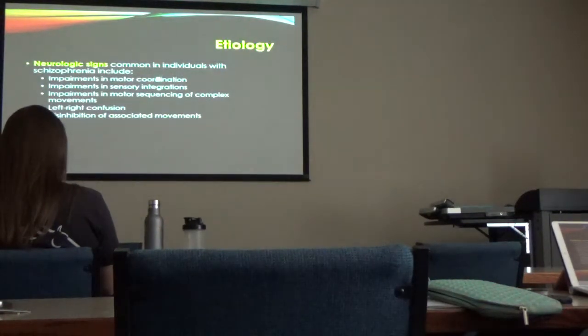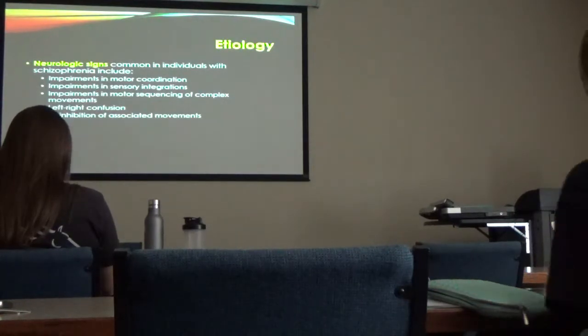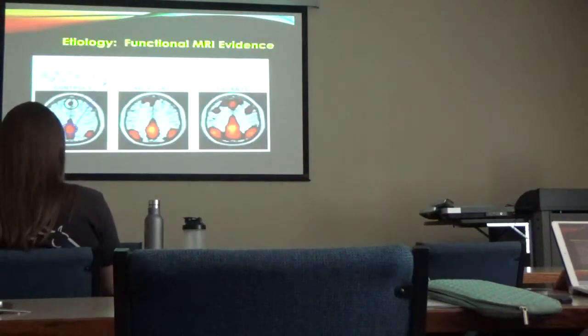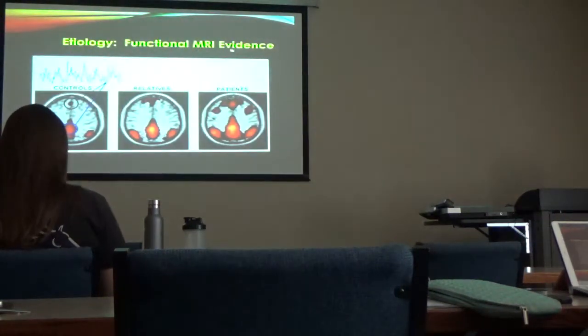There are a lot of neurologic signs that are common: impaired motor coordination, impaired sensory integration, impaired motor sequencing of complex movements. They have left-right confusion and disinhibition of associated movements. So their whole way of moving, working, and operating is a little bit different. Here's what's called a functional MRI.